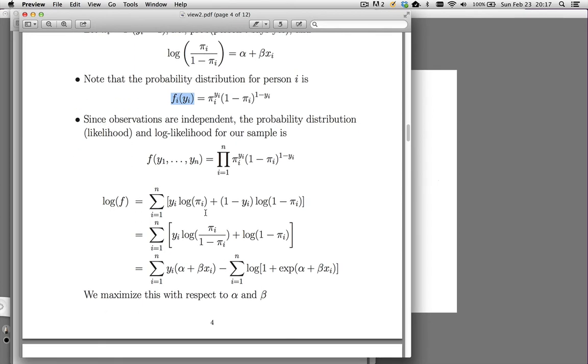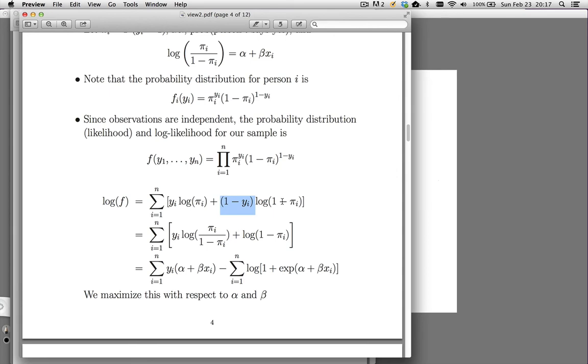Now, the algebra here is straightforward. If we take the log of this expression, the product turns into a sum. The yi comes down in front, and we just have the log of pi. And then the same thing happens here. So the exponent comes out in front. We have the log of 1 minus pi.